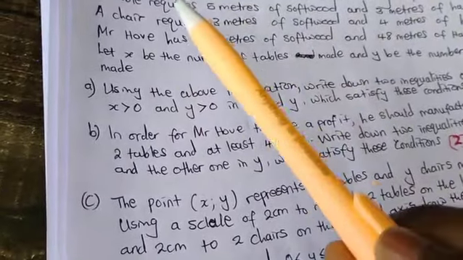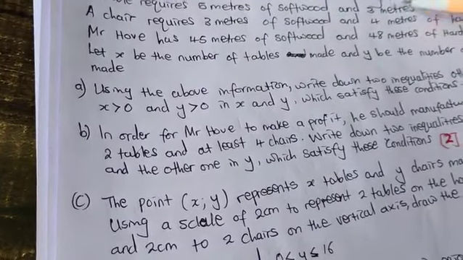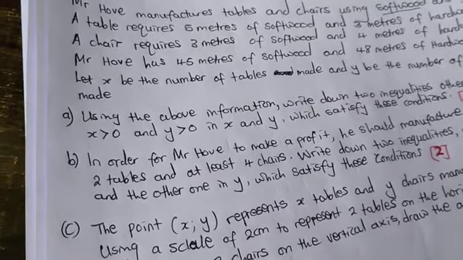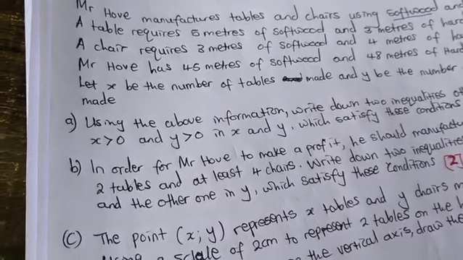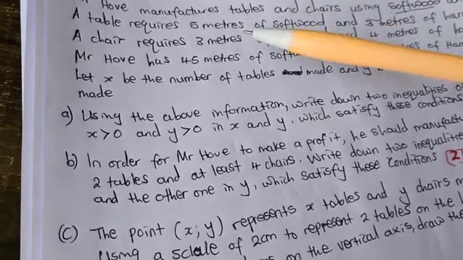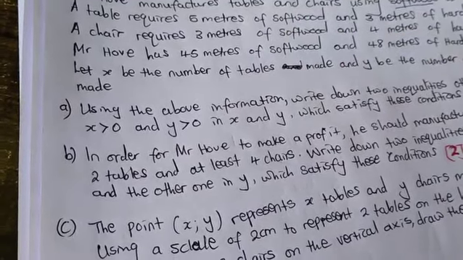So it says Mr. Hove manufactures tables and chairs using softwood and hardwood. A table requires 5 meters of softwood and 3 meters of hardwood. A chair requires 3 meters of softwood and 4 meters of hardwood.